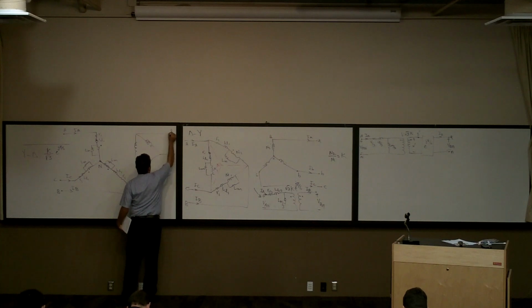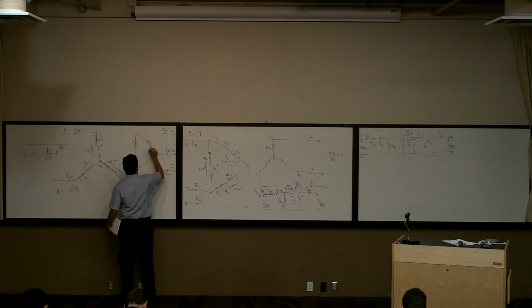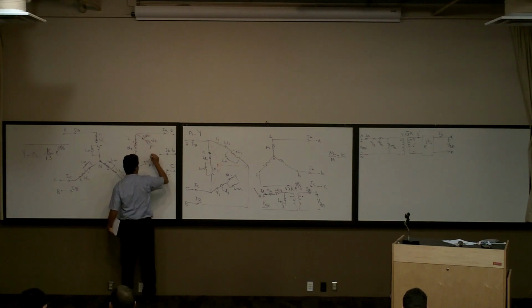This one is A, this one is B, this one is C. IA, IB, IC, N2, N2, N2, IAB, IBC, and IC.